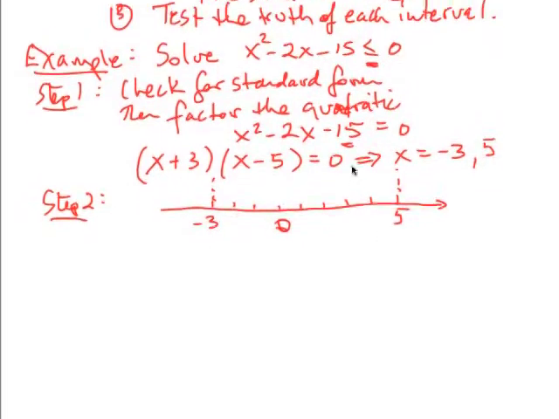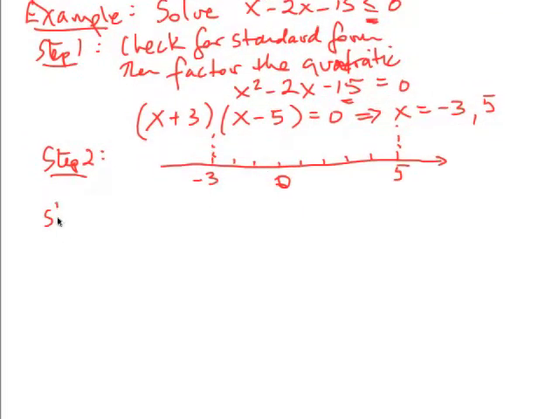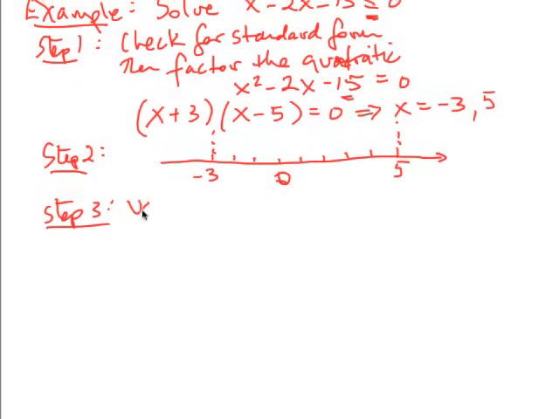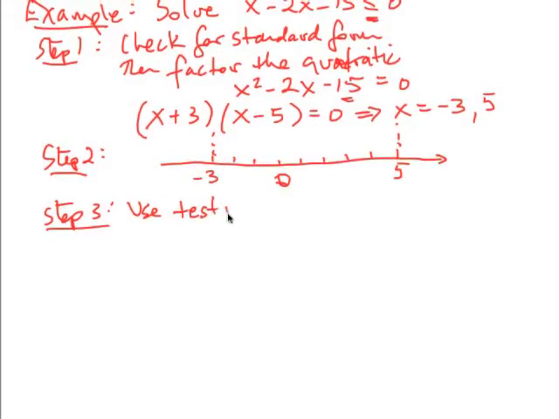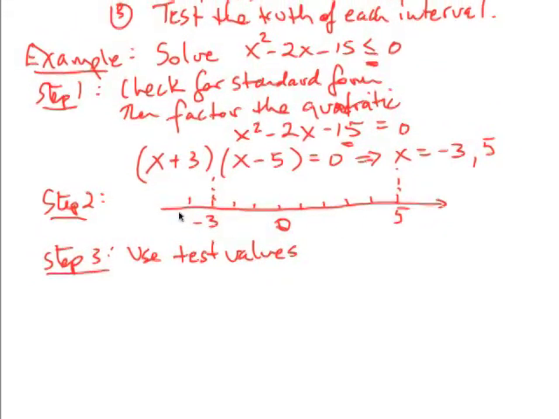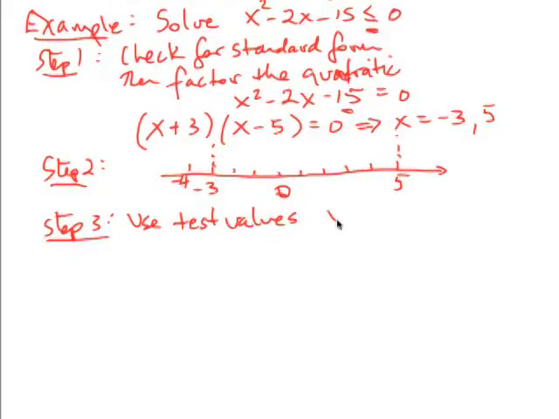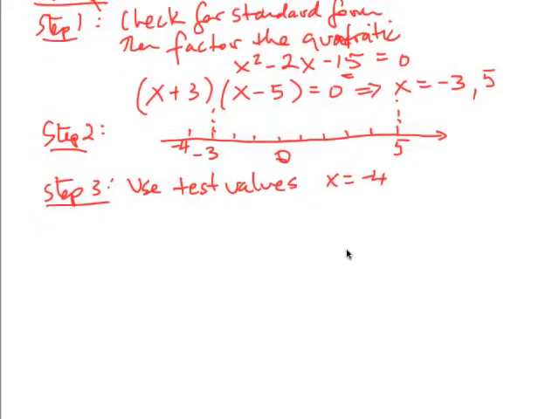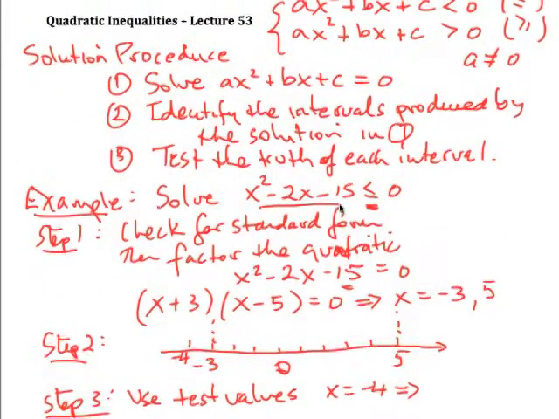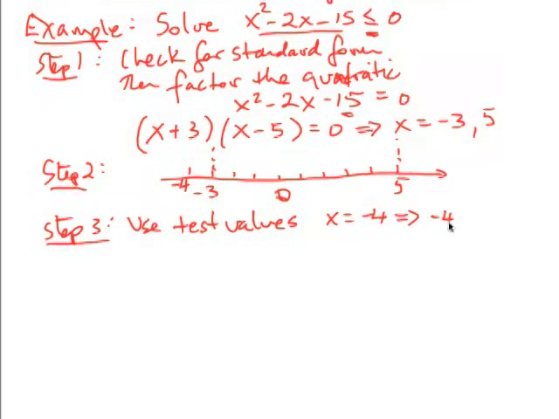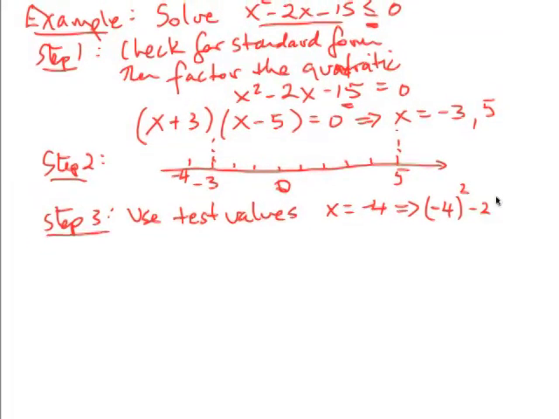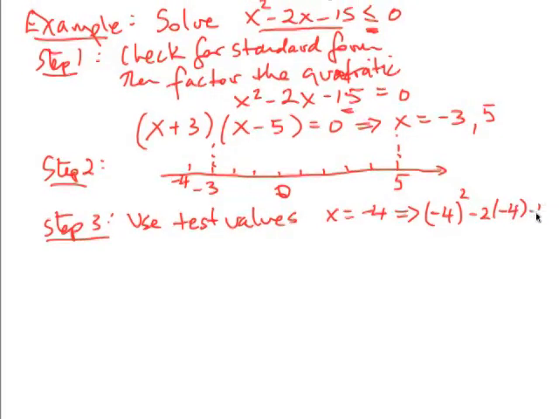So what we do is we take a test value. So step 3, use test values. For example, we take negative 4 over here. What happens when x is equal to negative 4? If I come up to here, I'm going to have negative 4 squared, minus 2 by negative 4, subtract 15.